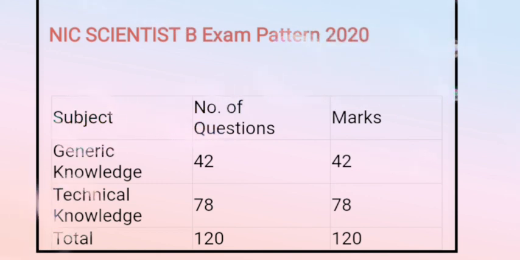So you should remember this important point. And second is technical knowledge, where the total number of questions is 78 and total marks are 78. Overall, the total number of questions is 120 and marks are 120.